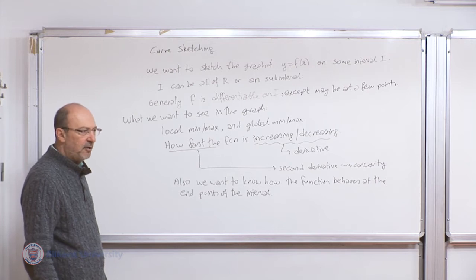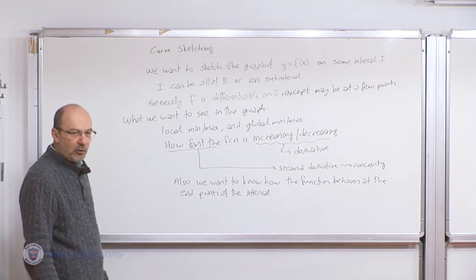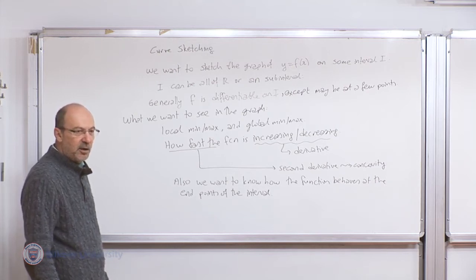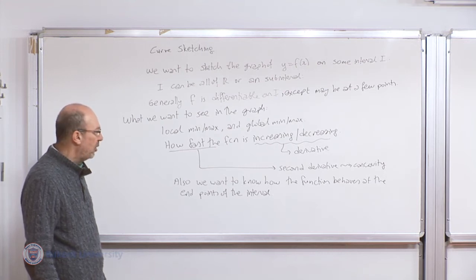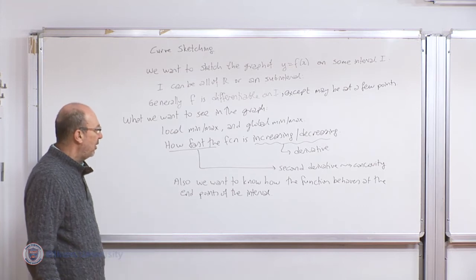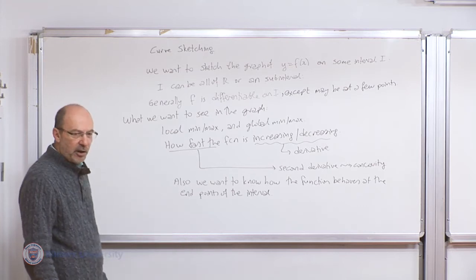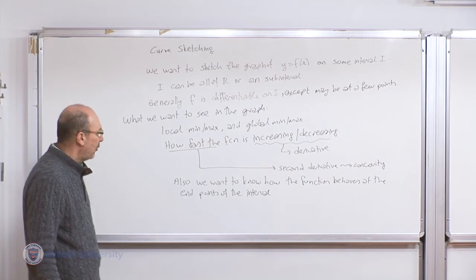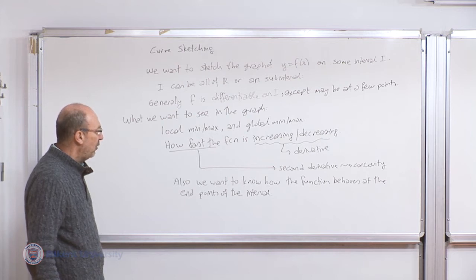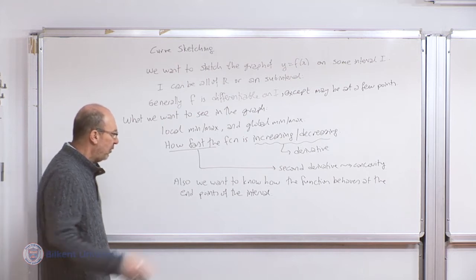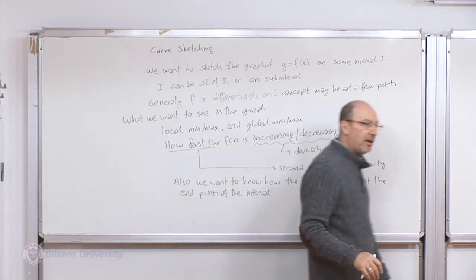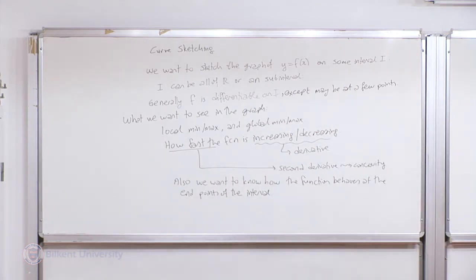Sometimes the function is not defined at the endpoint, so you have to take one-sided limits and see what the function wants to do as it approaches the endpoint. And if the interval is infinite, you take the limit as x goes to plus or minus infinity. These are the information that we want to put on paper so that when we stare at the graph, we immediately read this information.